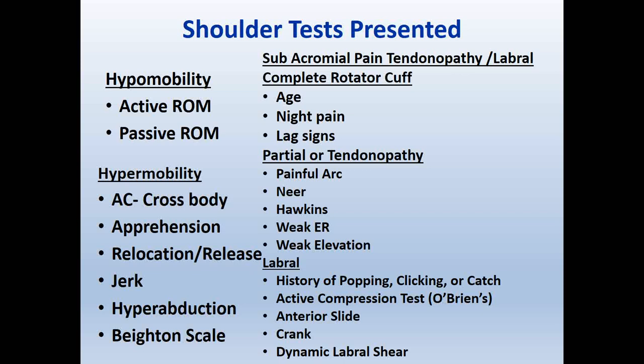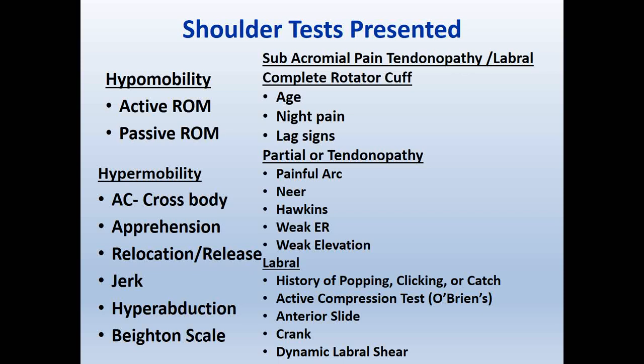Hypomobility, you're really going to look for active and passive range of motion. In particular, for adhesive capsulitis or stiff shoulders, you're looking for passive range of motion that's 50% of normal. Hypermobility, AC joint separation, visually you can see that. The apprehension, the relocation, and the release test are for anterior instability.